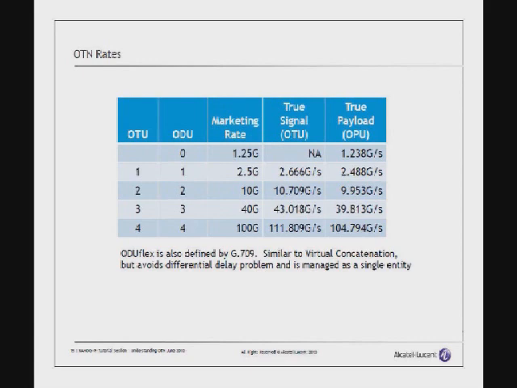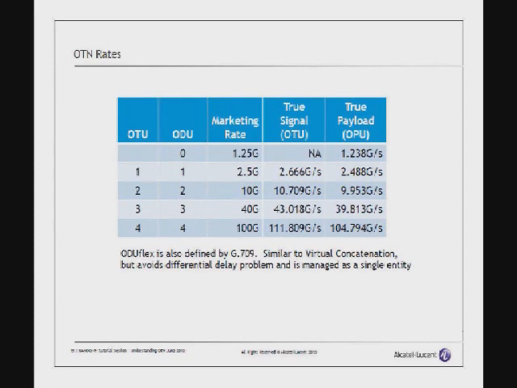You'll probably see people interchange OTU and ODU when they talk. It's just a common habit. I think everybody likes to get to the least common denominator, so you'll see people reference one or the other, whatever they're comfortable with.